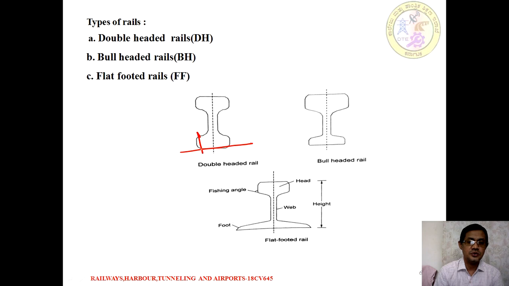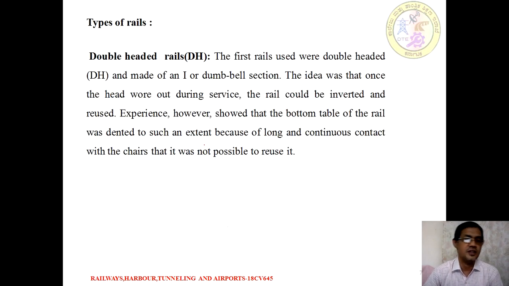Due to the fixtures provided and the constant movement of the wheel load, these sections get worn out. Hence it does not provide a true head when it is reversed. That is with respect to the double headed section.